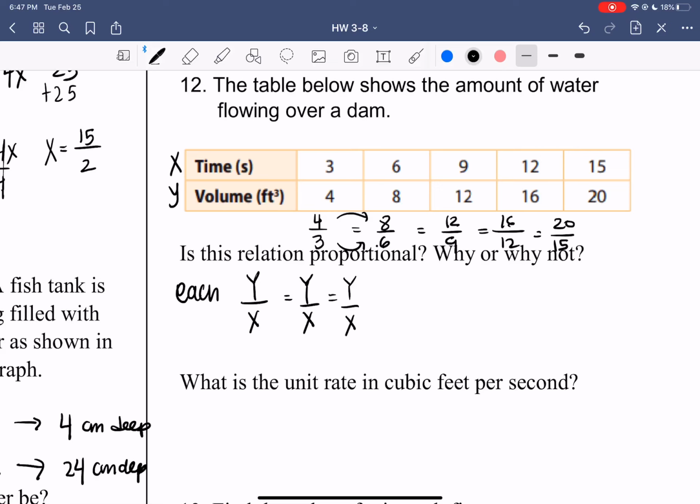So when you divide each of these, each of these numbers simplify to 4 over 3. So each has the same k. So we did that, the unit rate, so k would equal 4/3.